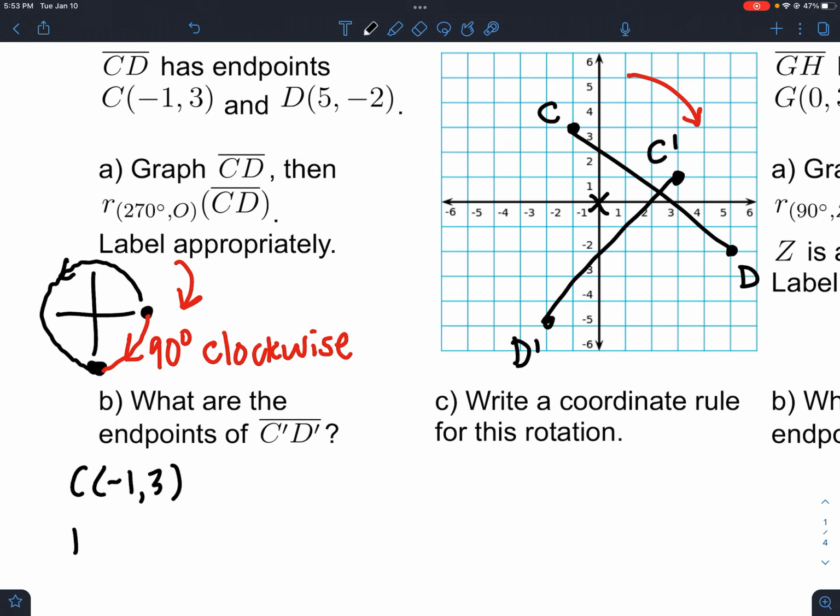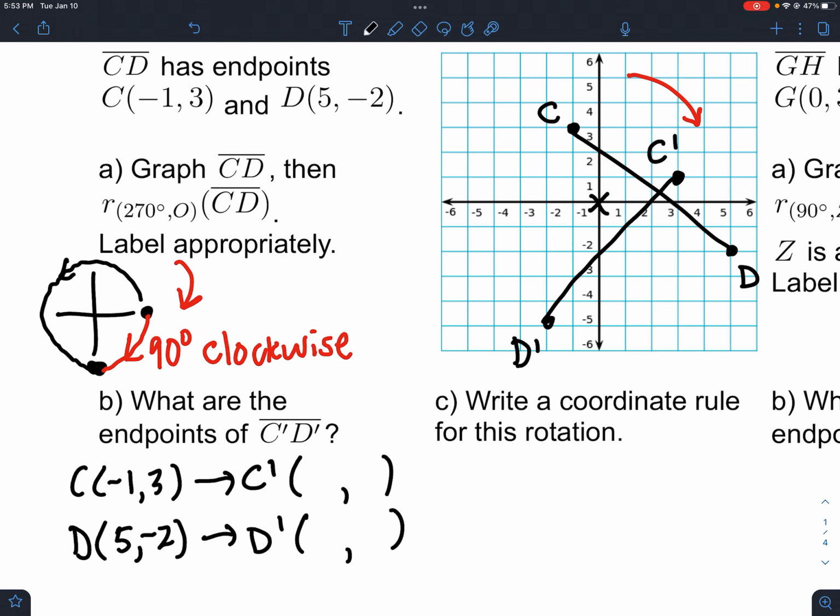So pictures can be a little weird when they cross into different quadrants. C prime, D prime. All right, so let's collect our data. We're at 3, 1. And down there, we're at -2, -5.